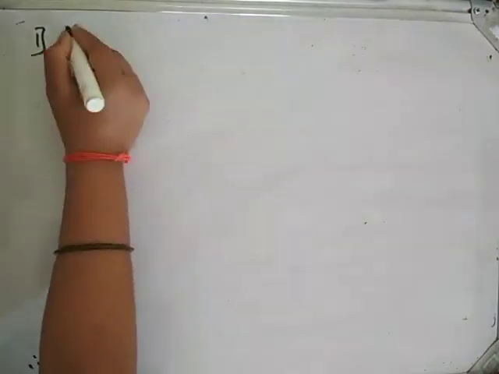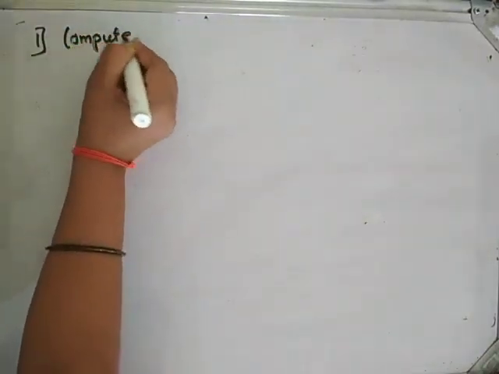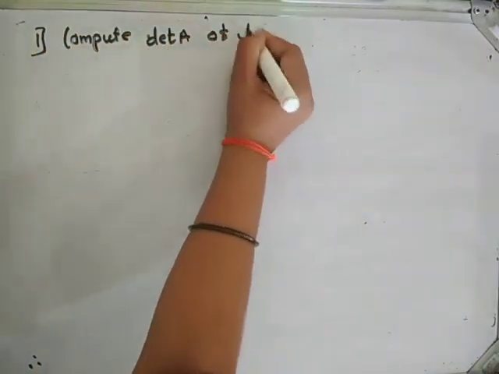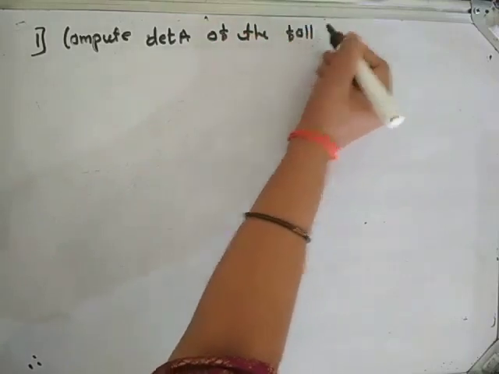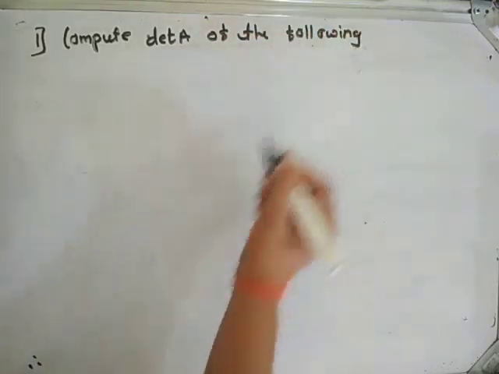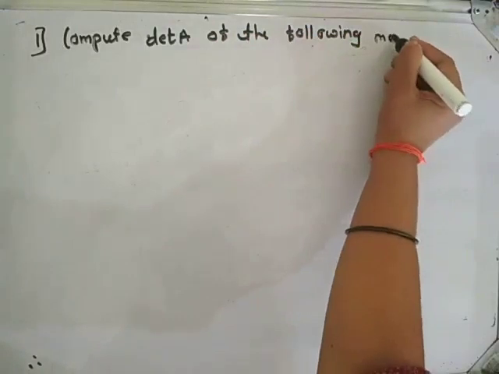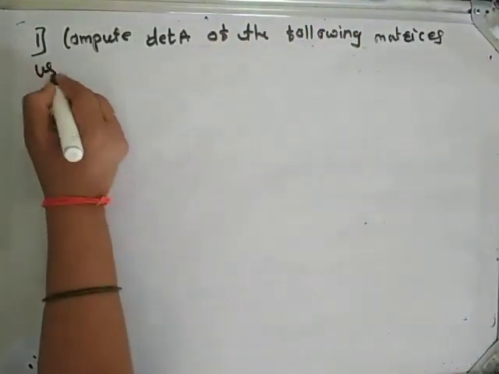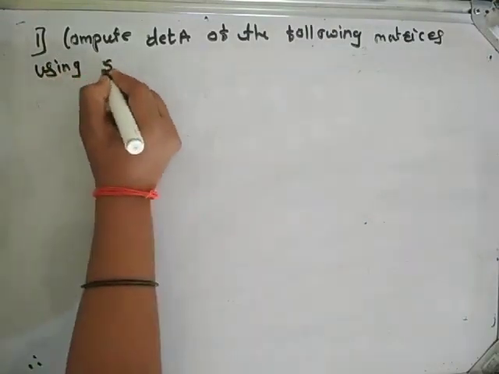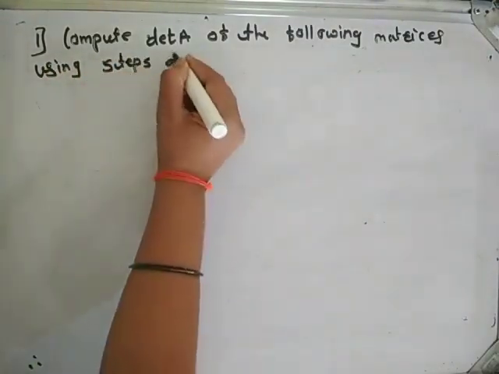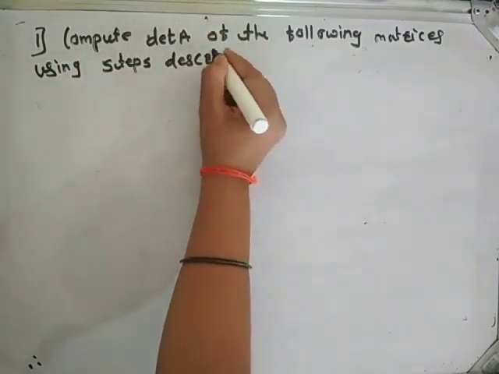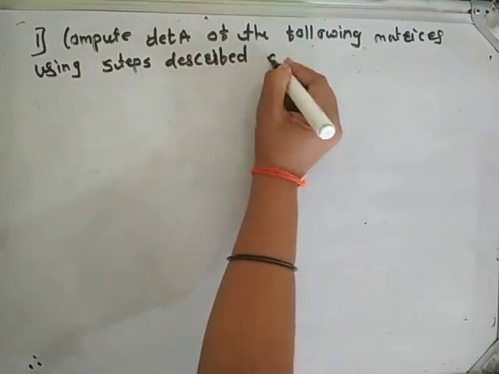First example is example 1. Compute the determinant of A of the following matrices using the steps described above.